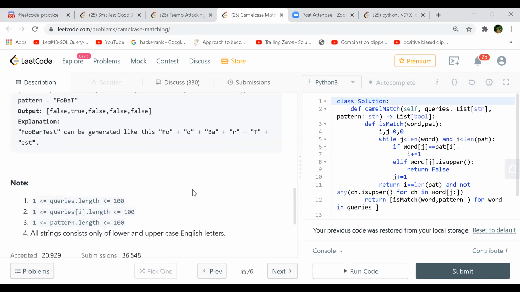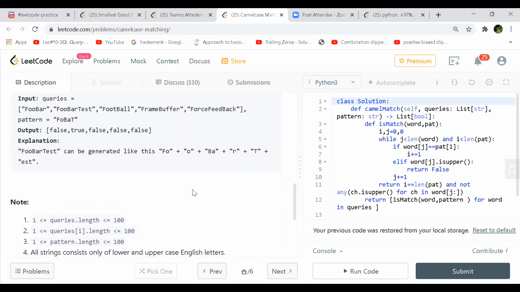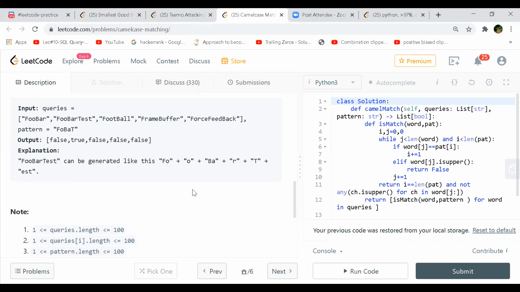So if the input query has an uppercase and your pattern doesn't have that uppercase, then that will be false. For example, for force feedback, it should be FFB, but your pattern is, let's say, FO. It is FBT in that case.